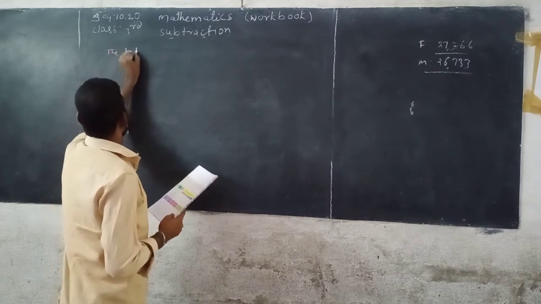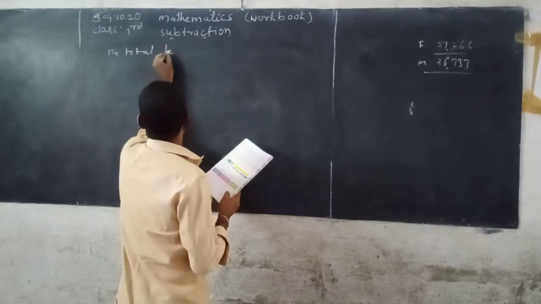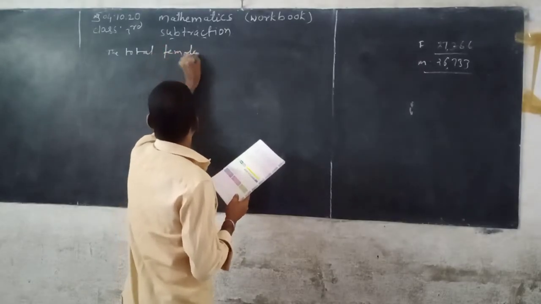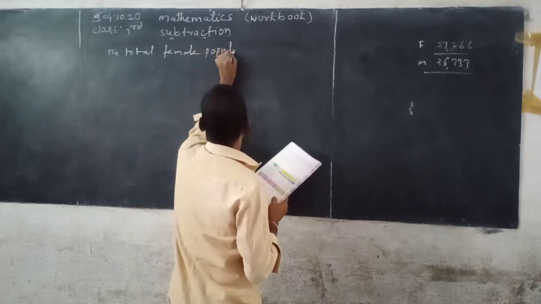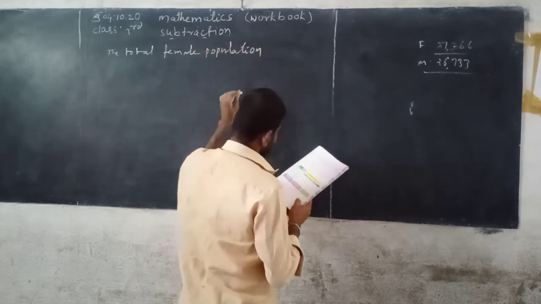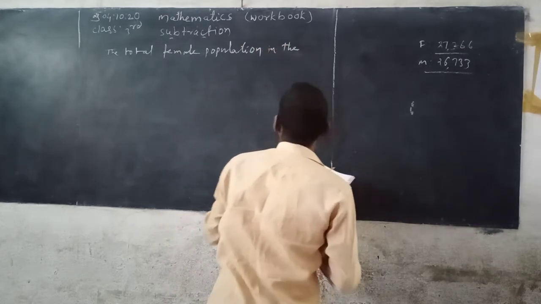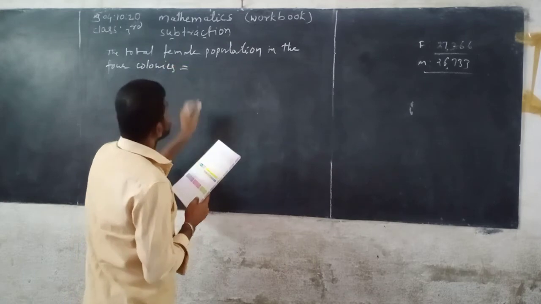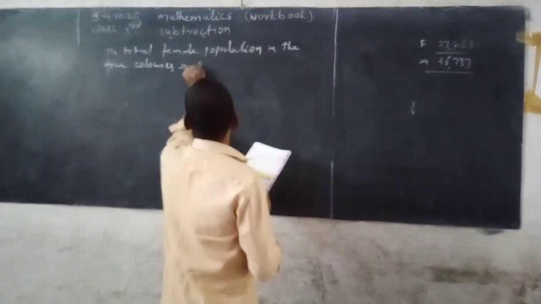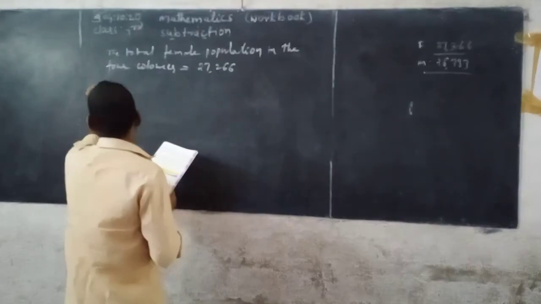The total female population in the 4 colonies is 27,266.